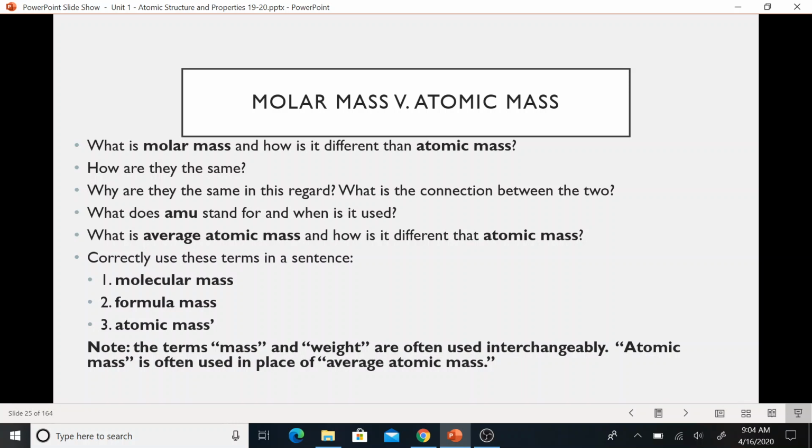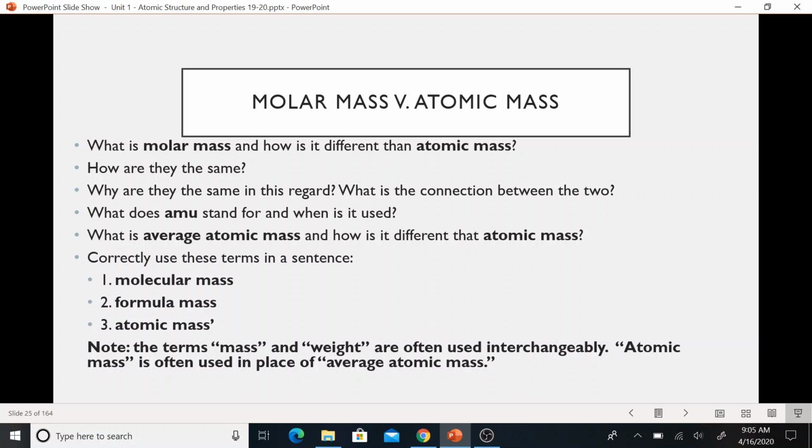So your atomic masses are always whole numbers because you don't have partial numbers of protons and neutrons, okay? And in order to come up with a scale and measure the masses of protons, neutrons, and electrons, that's where chemists use AMU, or atomic mass units, okay?